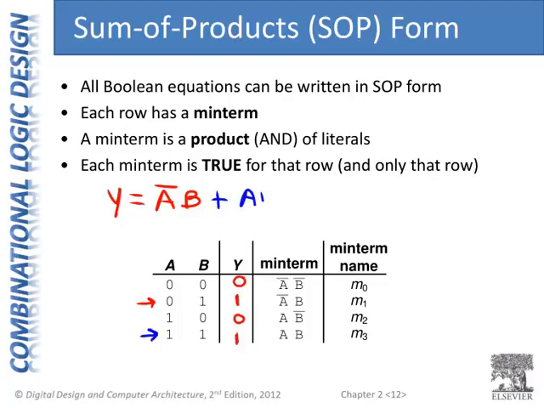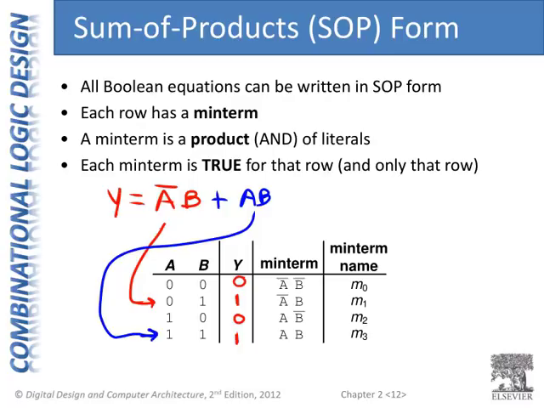So we include that minterm in our equation as well, the A and B minterm. So the A bar B minterm will force the output y to 1 in the 0, 1 case.